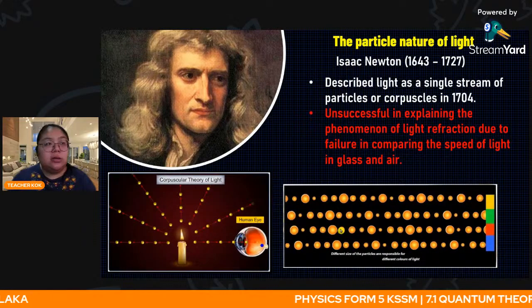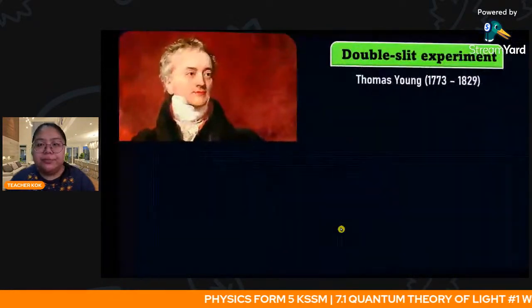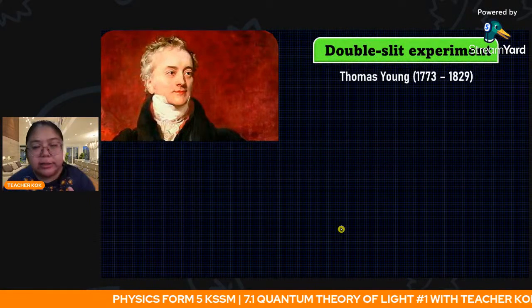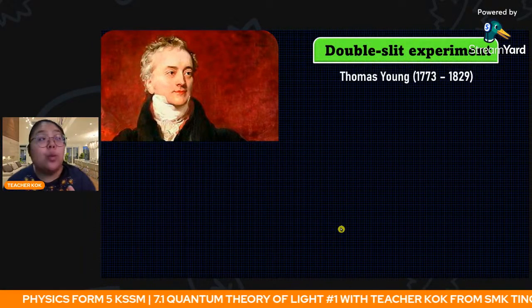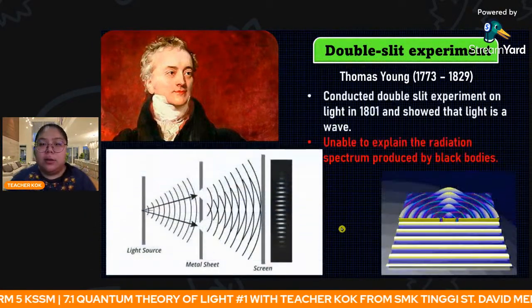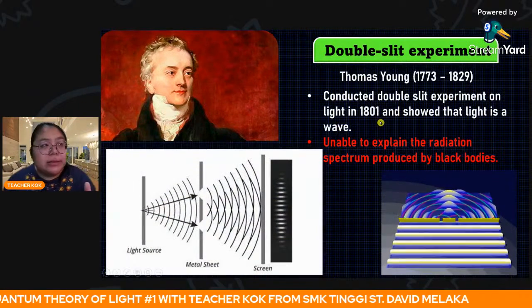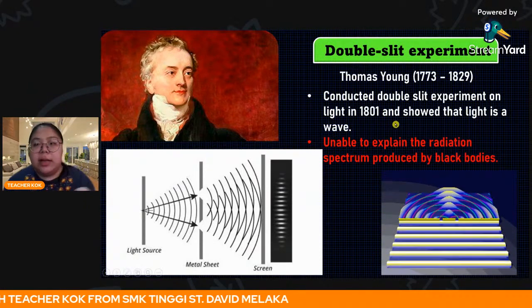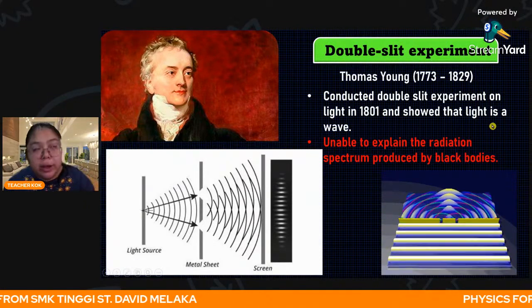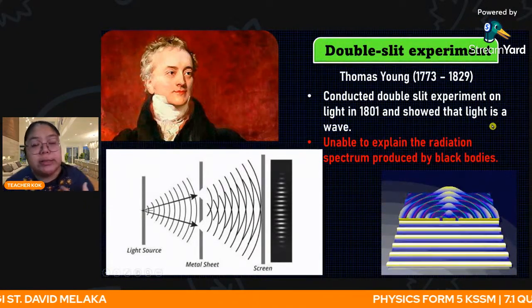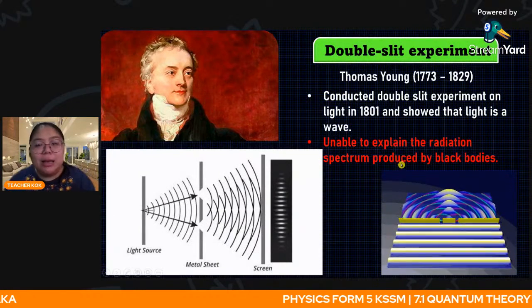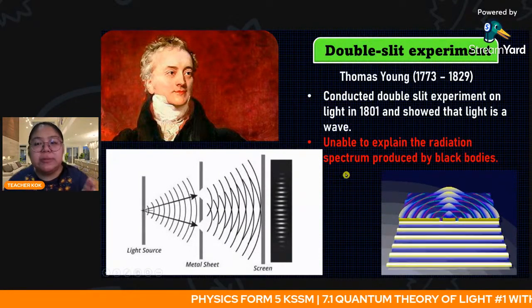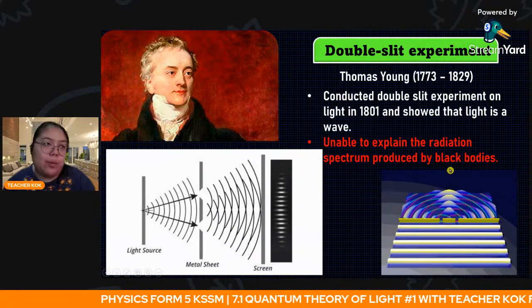Then we continue to the second classical theory, the double slit experiment. That means they're talking about waves. Young conducted the double slit experiment on light in 1801 and showed that light is a wave. They can show light is also a wave, but they are unable to explain the radiation spectrum produced by the black body.